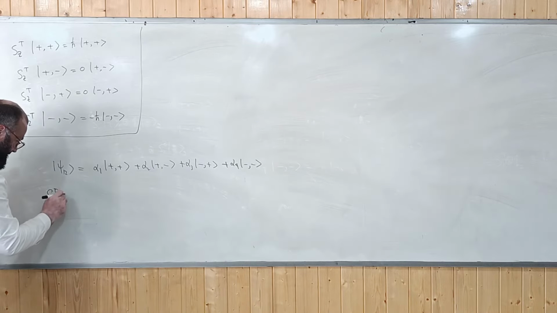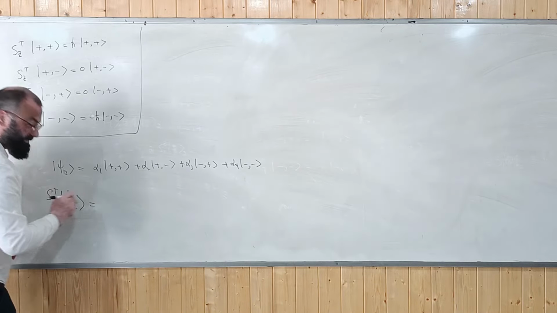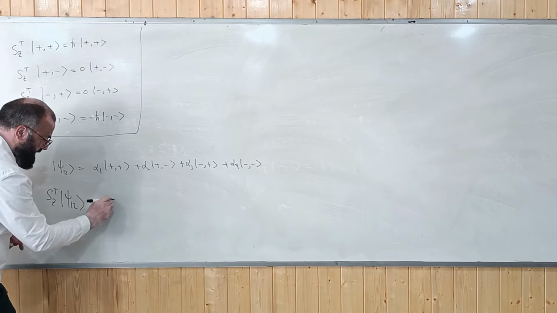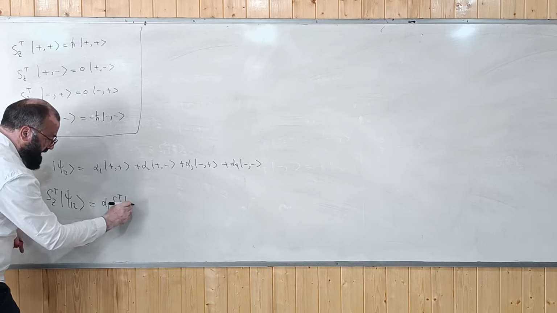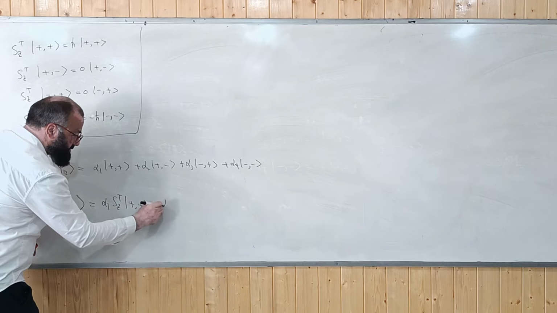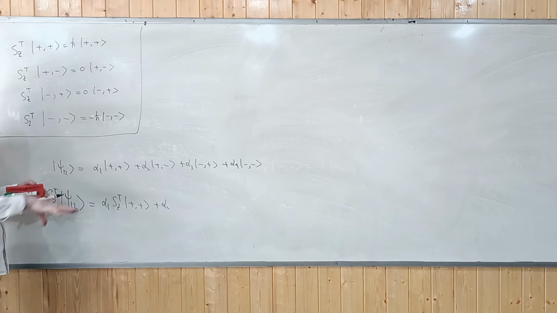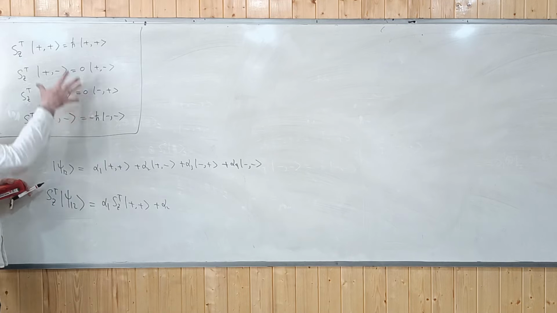So it is called the split. Okay? So let's operate this S_Z total on this very state. You have alpha 1 S_Z total acting on this plus plus. If you don't know these values, just do the same way that we have done. I will simply be using the values here.